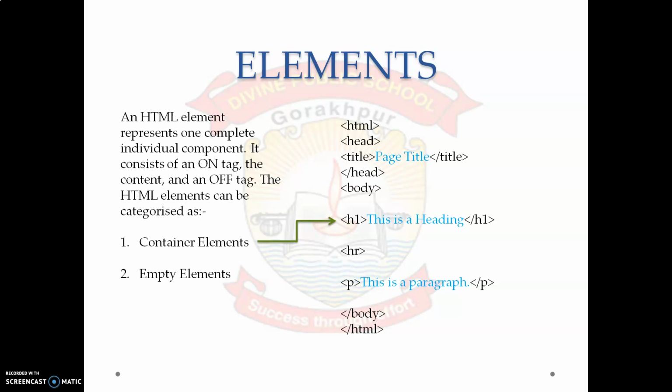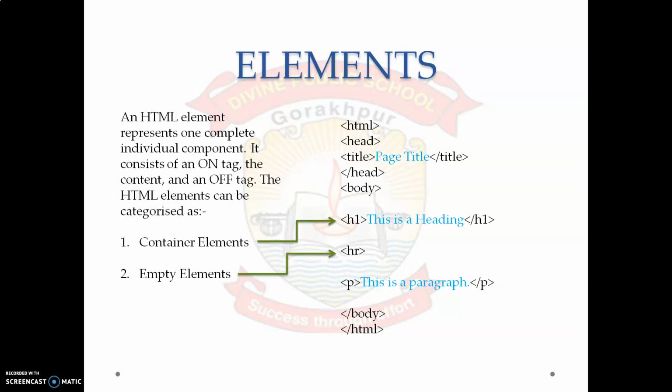Like here, this is a heading, text is there between the h1 on tag and h1 off tag. That's why it is known as a container tag, meaning it contains something where it applies the formatting that the tag represents.